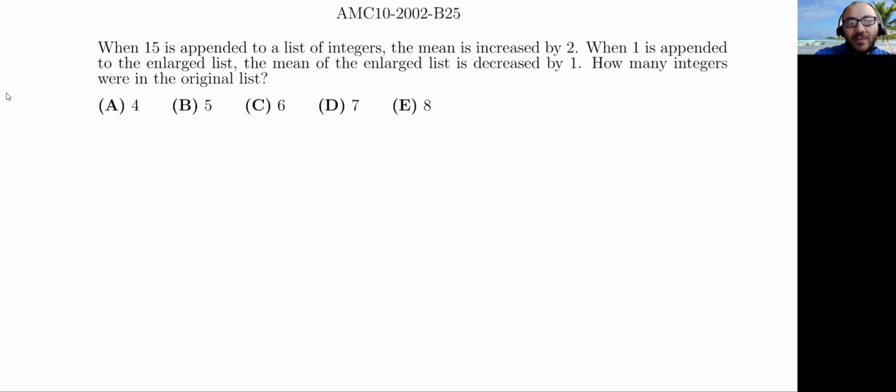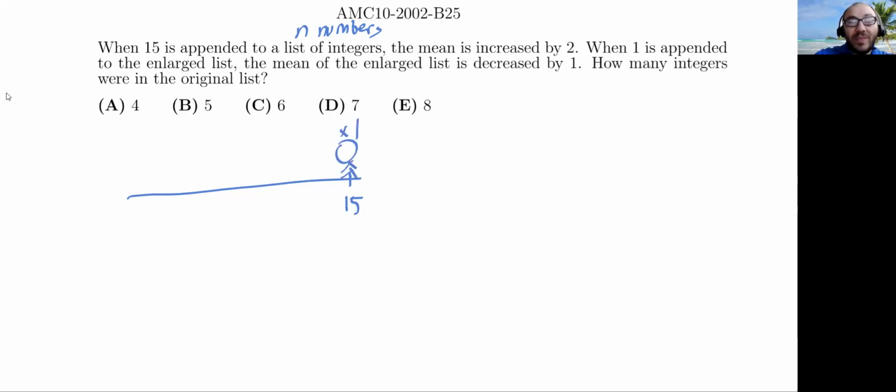So I'm going to write n numbers here. We don't know how many for the original list. So we are trying to find what n is. Now I'm going to imagine a seesaw here, and we don't know what the original average is, but we know that the new guy, the new fat guy added, is at 15.